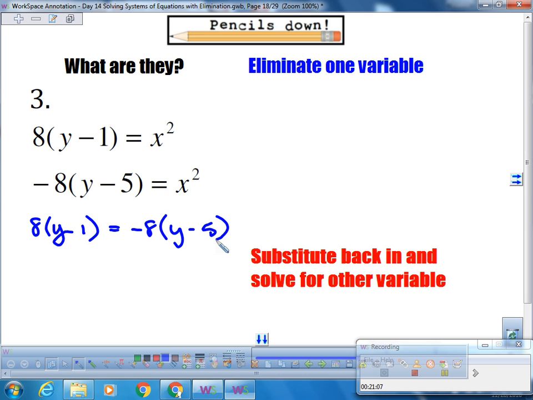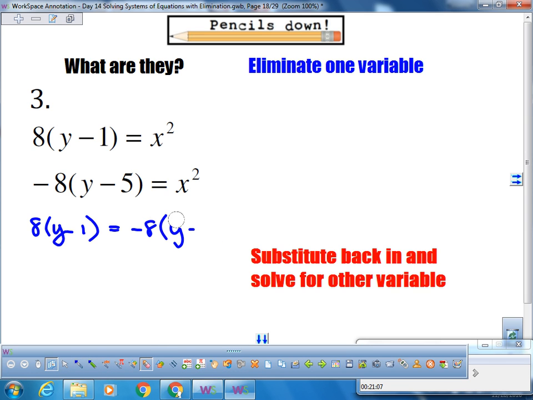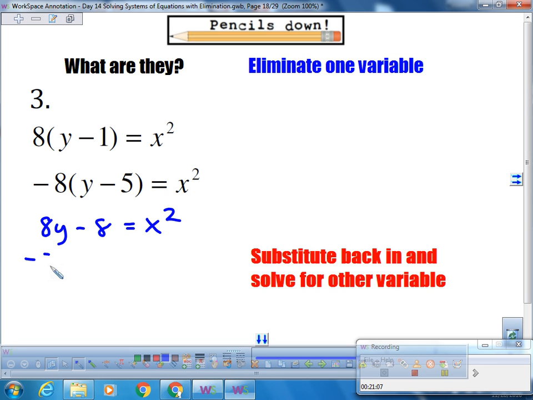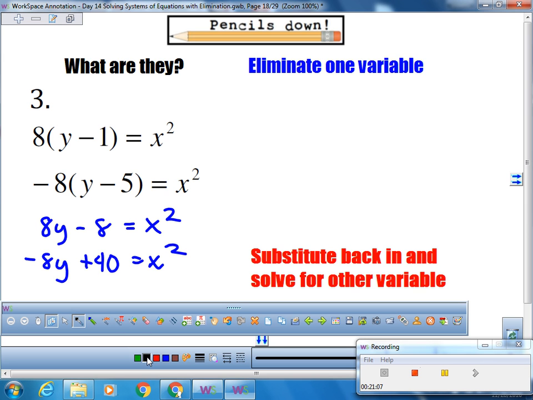We're actually going to do substitution tomorrow. So I'm going to go ahead and just multiply them by, so this is going to be 8y minus 8 equals x squared. And this is going to be negative 8y plus 40 equals x squared. Look, I don't even need to. They're already ready to be eliminated. I don't need to do anything.